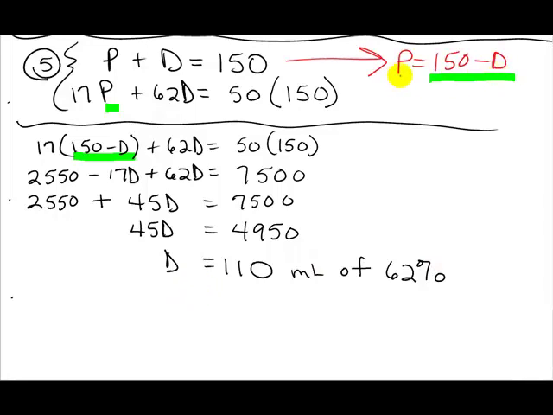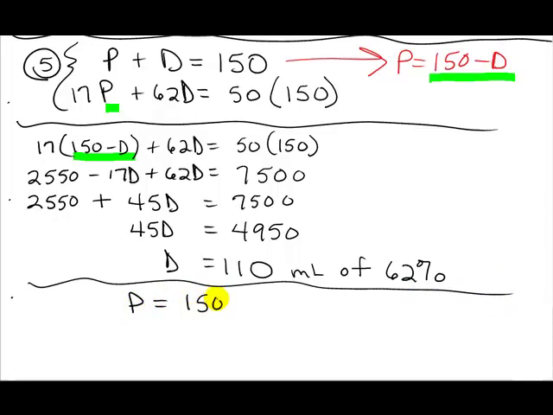Well, this is where we come in with P equals 150 minus the D. Well, the D is 110. So we need 40 milliliters of, and the P is connected to the 17%.